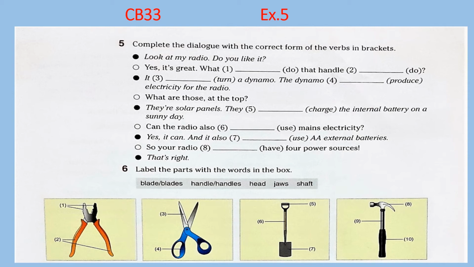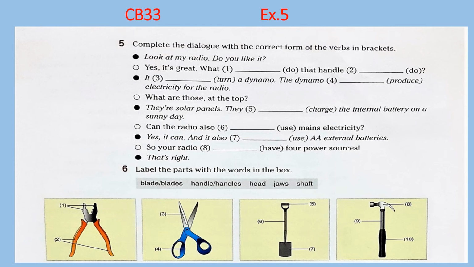They are the solar panels. They charge the internal battery on a sunny day. Can the radio also use mains electricity? Yes, it can. And it also uses AA batteries. So your radio has 4 power sources. That's right. Okay, let's look at that again.